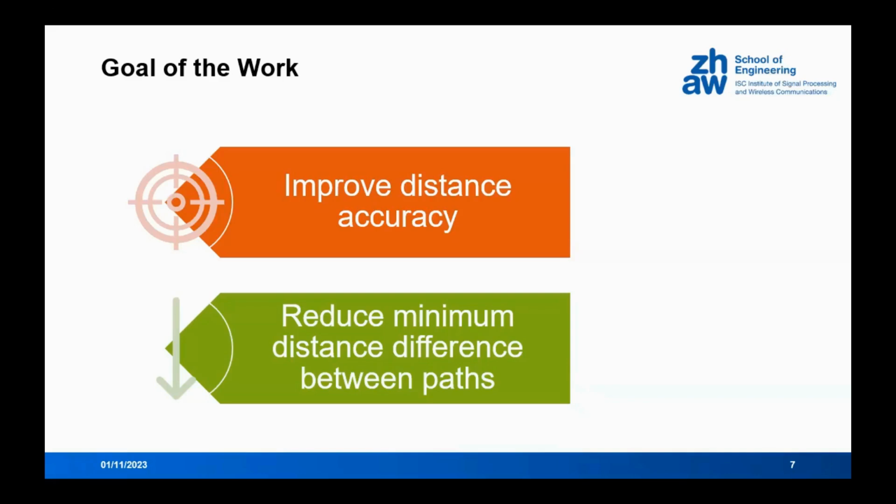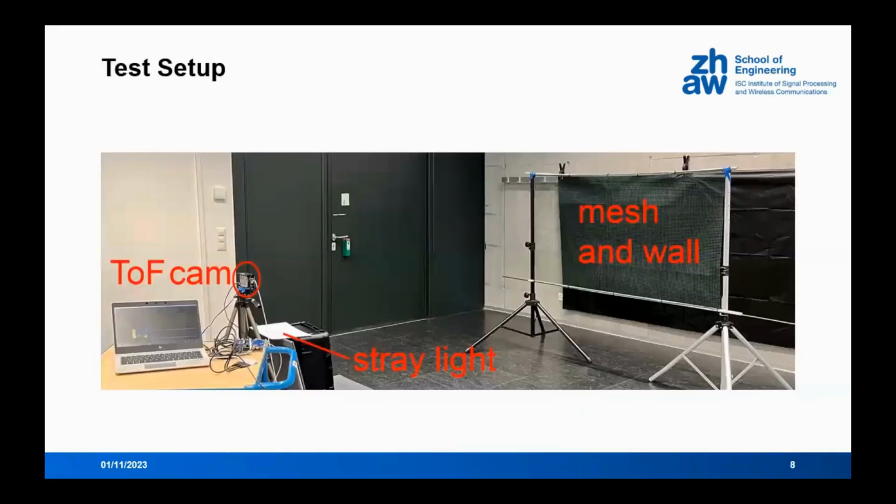To test that, we built our test setup. On the left side, you see the time of flight camera. On the right side, you see a mesh. This is our semi-transparent layer. And behind here, the black, this is the wall for the second layer.